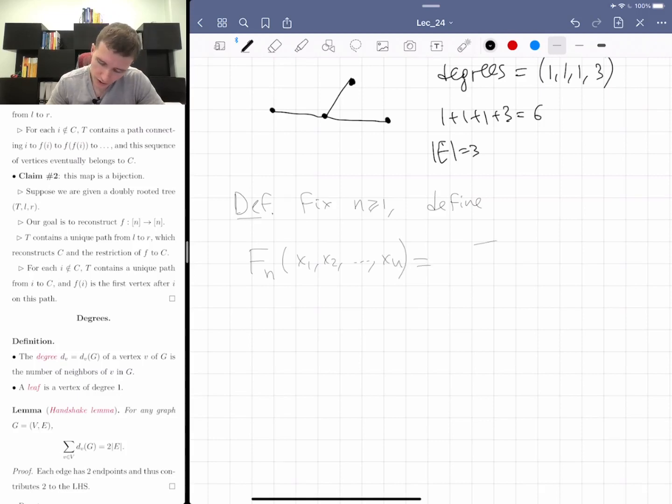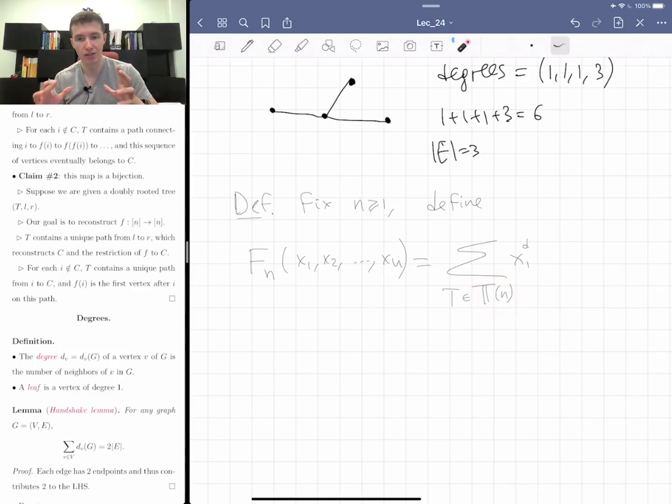And by definition, it's the sum over all trees in the set T of n, the set of trees on vertex set bracket n, of x1 to the degree d1 of T, times x2 to the d2 of T, etc., times xn to the dn of T.